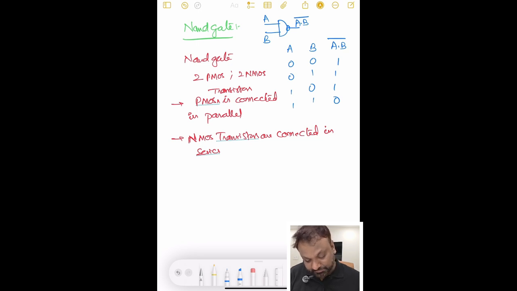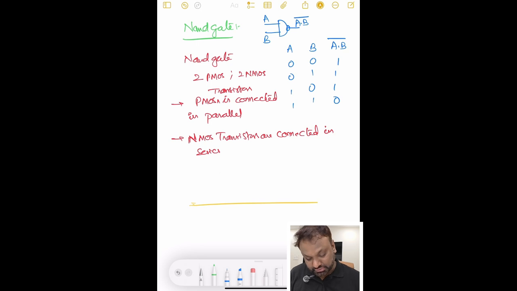You simply draw a demarcation line, and above the demarcation line you have the PMOS transistors. All the PMOS transistors, whether in series or parallel, you connect above the demarcation line, and below the demarcation line you will have the NMOS transistors. So this is the demarcation line we have drawn.